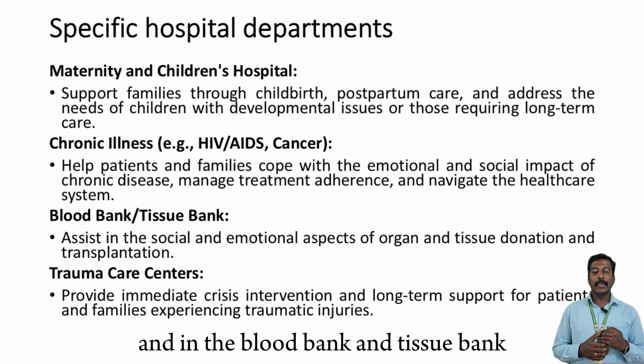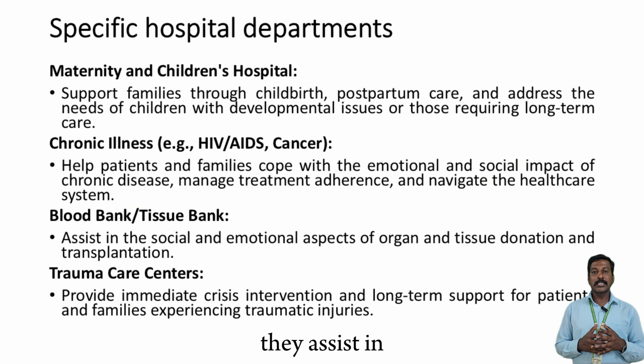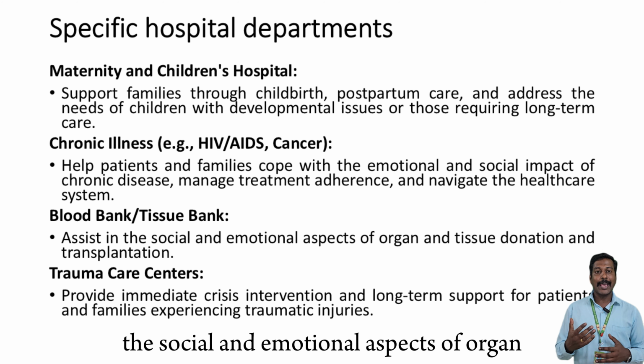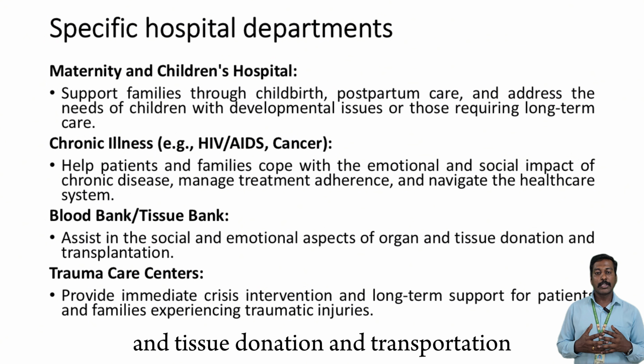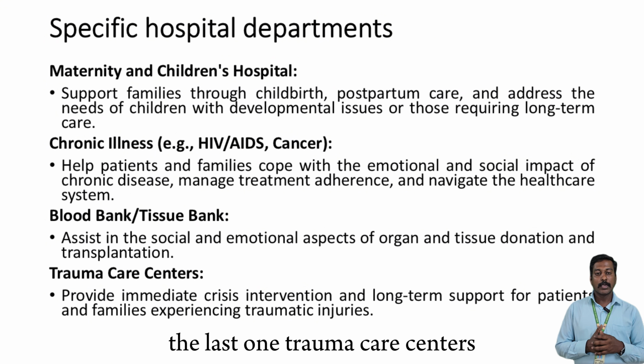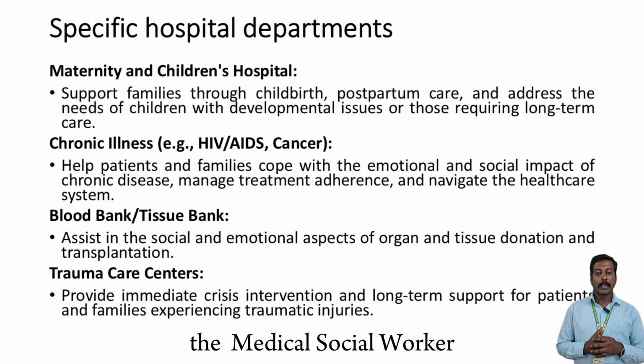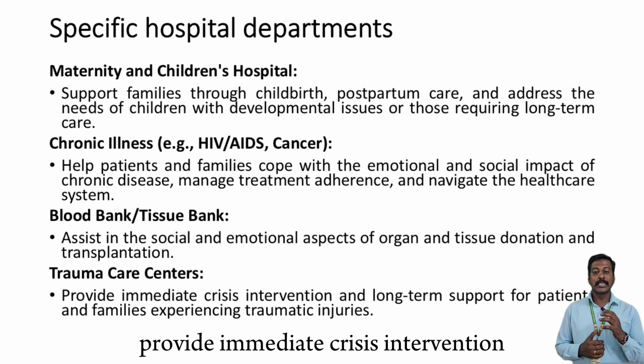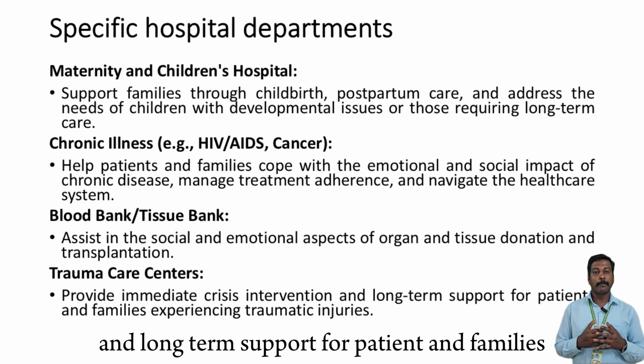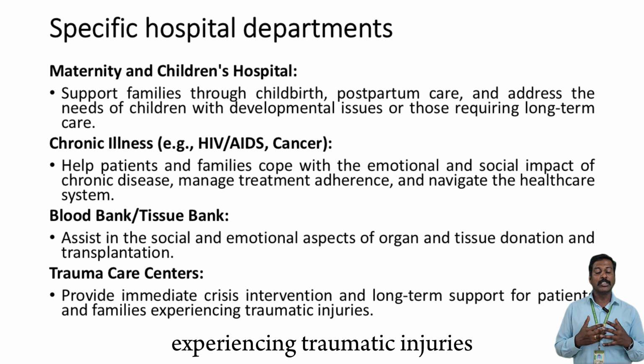And in the blood bank and tissue bank, they assist in the social and emotional aspects of organ and tissue donation and transplantation. The last one, trauma care centers: the medical social worker provides immediate crisis intervention and long-term support for patients and families experiencing traumatic injuries.